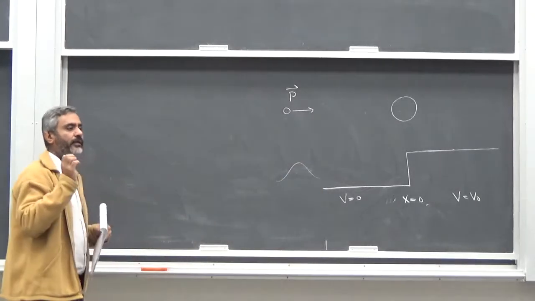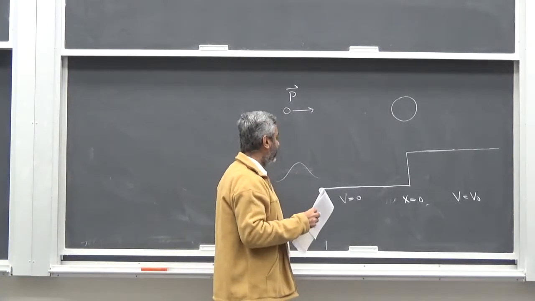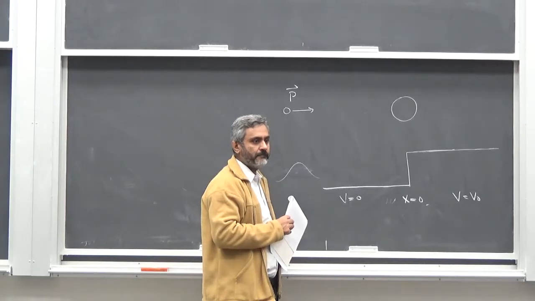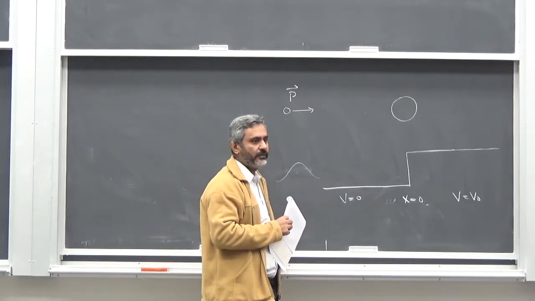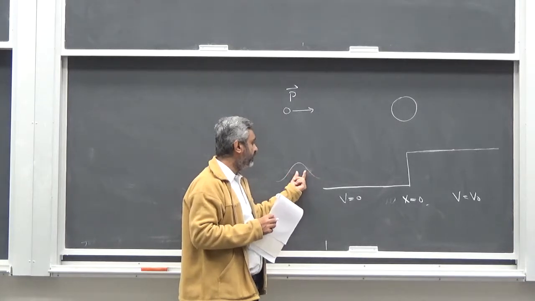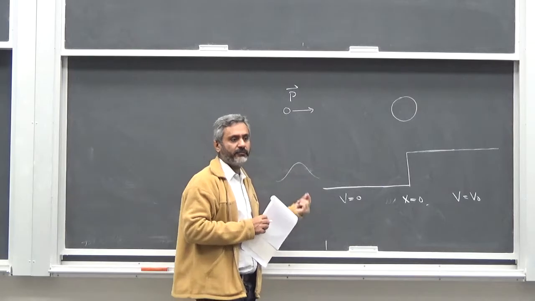Why can't I put it in an eigenstate of position? I can put it in an eigenstate of position, that's not a problem. If this is a Gaussian, then I can make the width go to 0, and then the particle will be in an eigenstate of position.